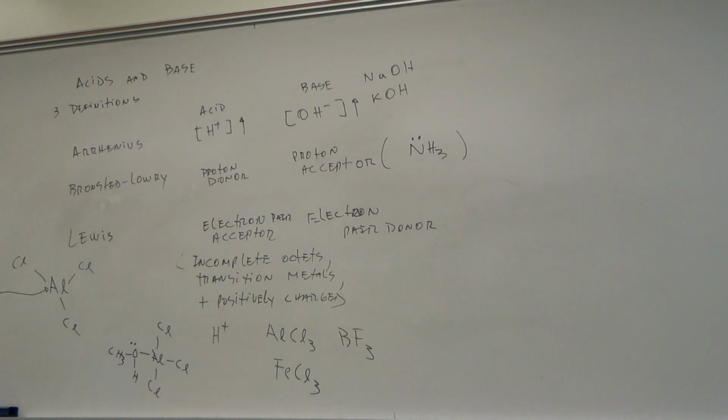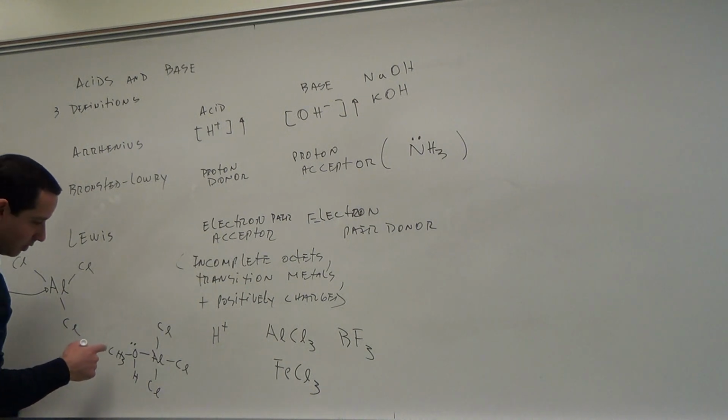Write the charges for that. Write the charges for aluminum and for oxygen. Formal charge. Oxygen will be positive. Aluminum is in group 3, so you have one, two, three, four.